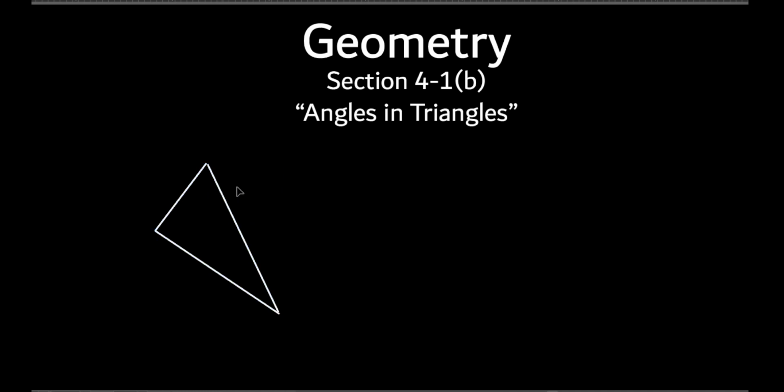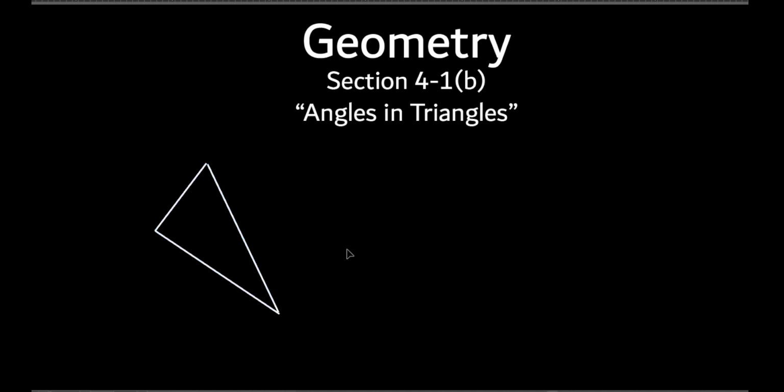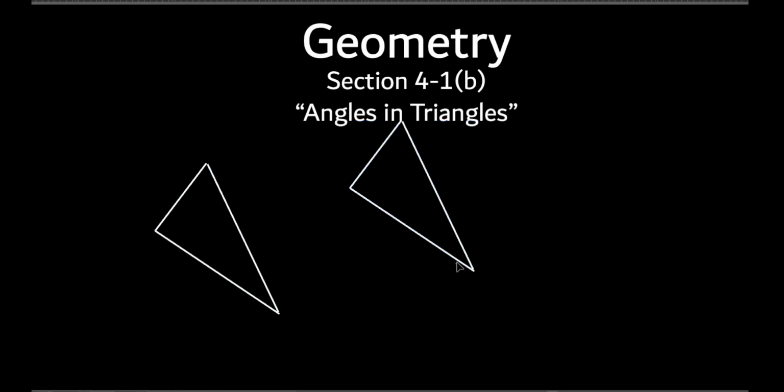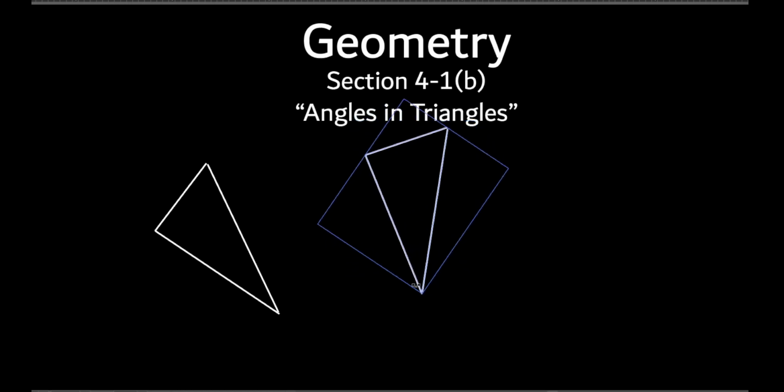Let's see if it grouped. No, it didn't group. Why didn't it group? Maybe I gotta click group. Hit Control G, that usually does it. Okay, anyway, now I'm gonna copy and paste this, and I'm gonna rotate it just a little bit just to show you. If I can grab it again, let's try it. Oh, come on. There we go.